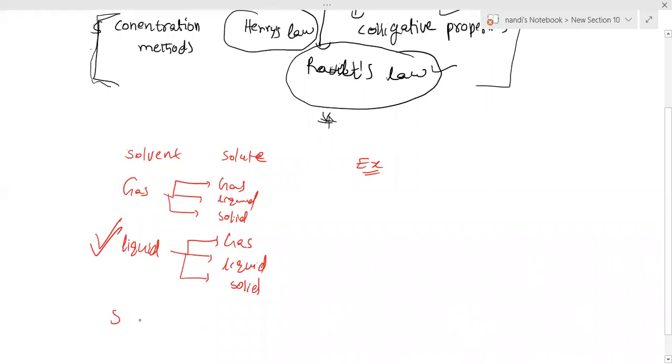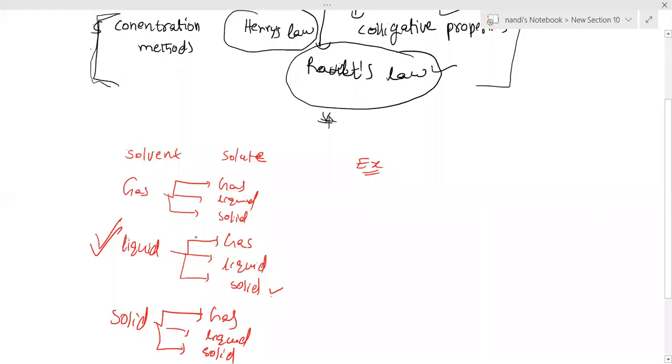Next one, solid. I hope you know this one again has 3 types: gas, liquid, solid. Now we are going to discuss the first case here, solid in liquids.